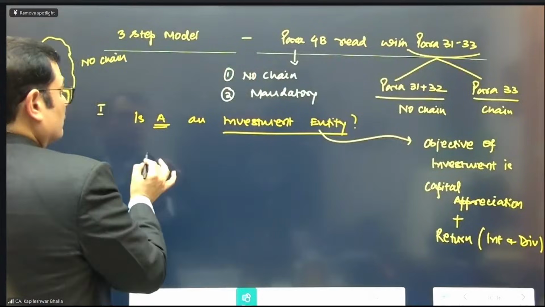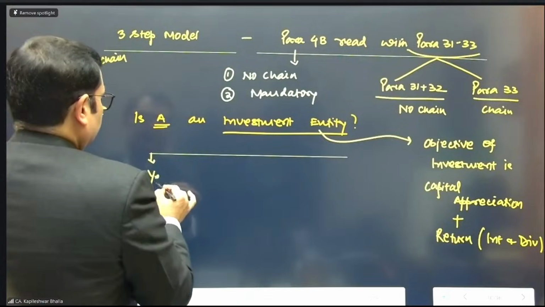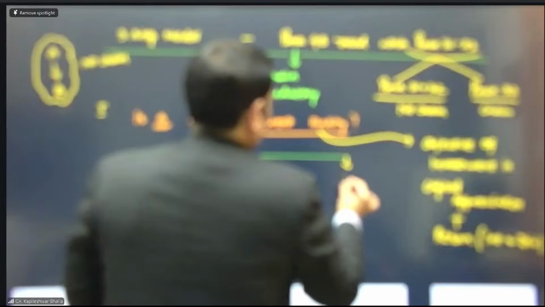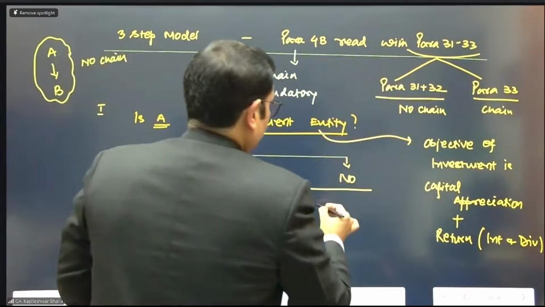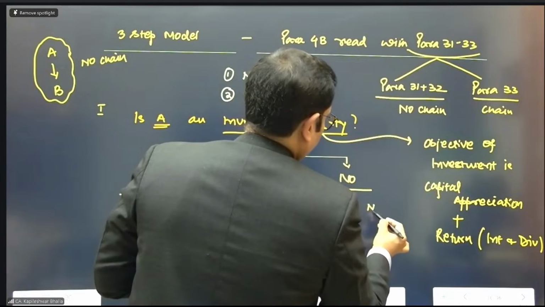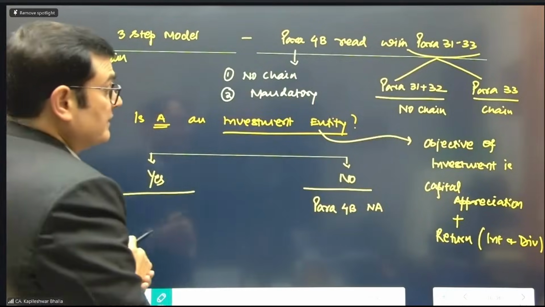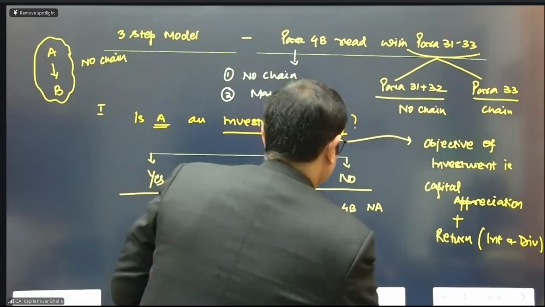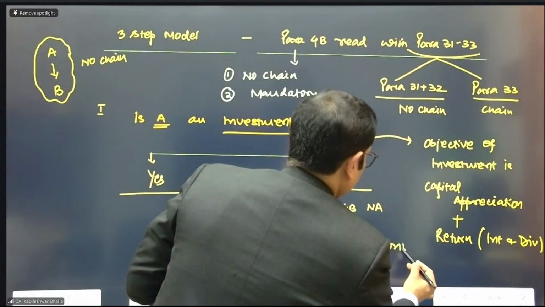So when we put the question, is A an investment entity, we get the answer yes or no. If we get the answer no, then para number 4B is not applicable. So A has to consolidate. He's got no choice.